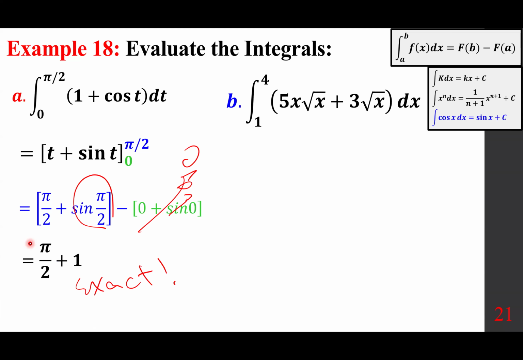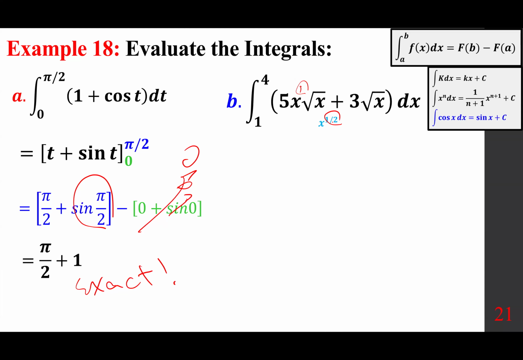And what about this one? The integral from 1 to 4 of 5x times square root of x plus 3 square root of x dx. First, square root of x, we change it to x to the power of 1/2. This has exponent 1. They add up. We get 5x to the power of 3/2.